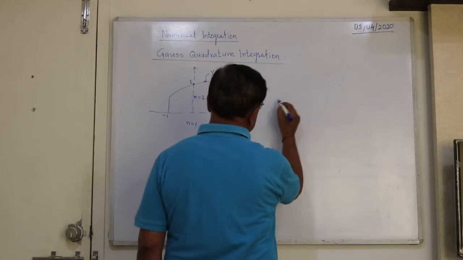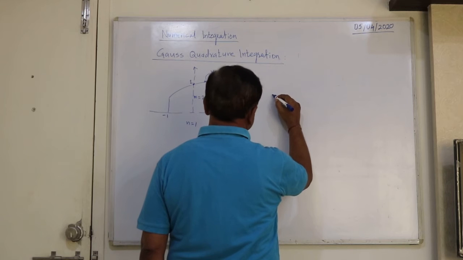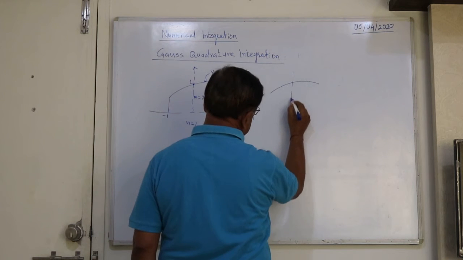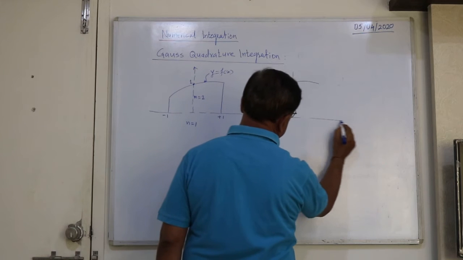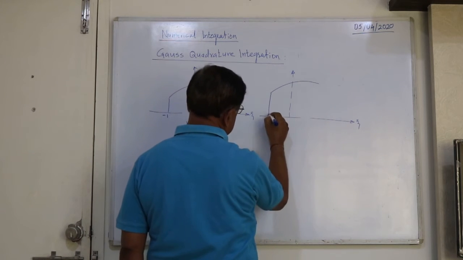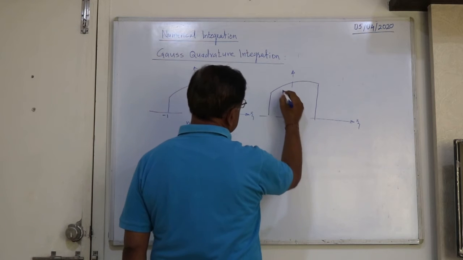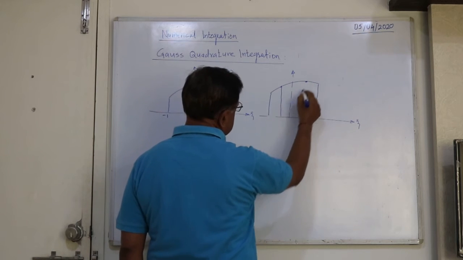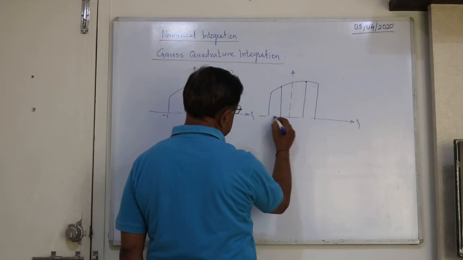If we consider two Gaussian points, then for more accurate results we have to consider more Gaussian points.